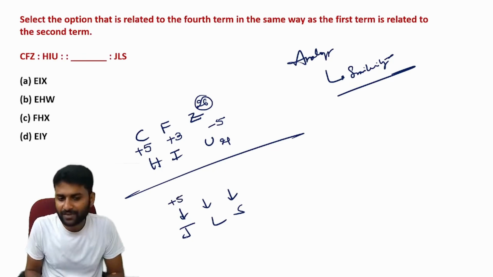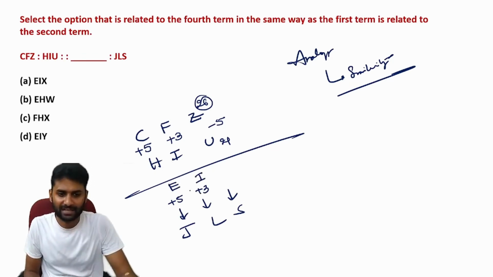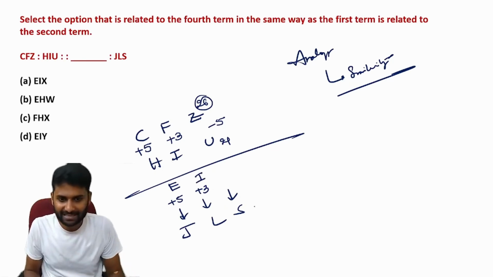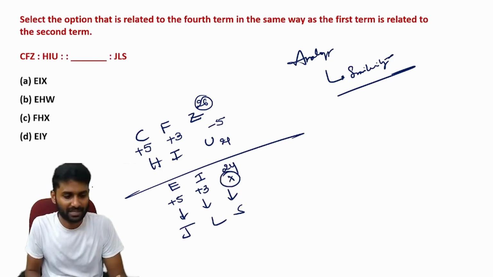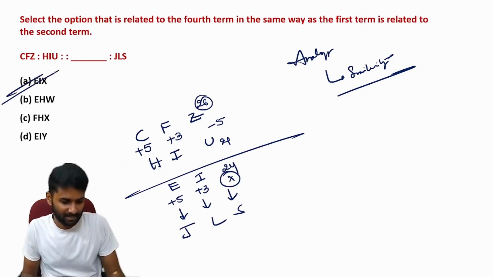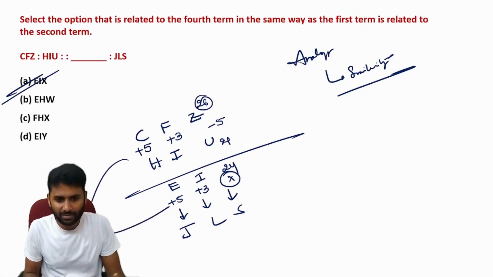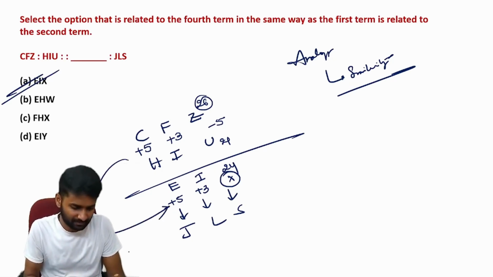If you add plus 5, it becomes J. So J minus 5 means we need the fifth letter, which must be E. Again plus 3: 9 plus 3 is equal to 12. Then consider I. S is the 19th letter. If you subtract 5 units from the 19th letter, we have to consider the 24th letter. So your answer is EIX. The similarity is all about applying the same relation here.